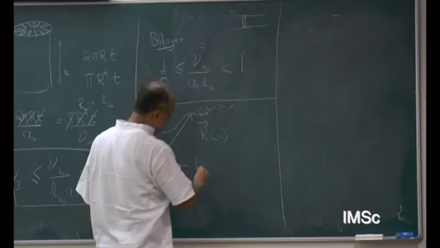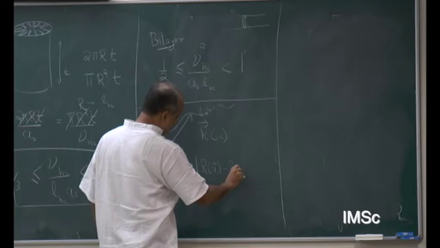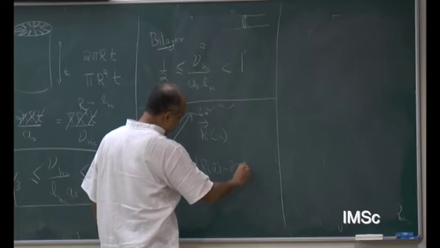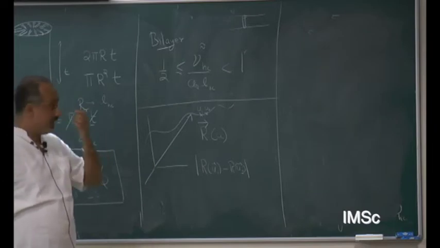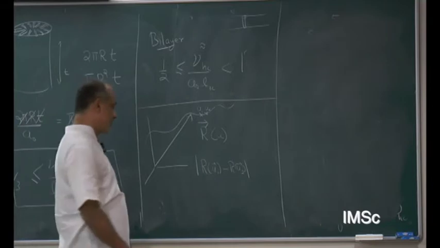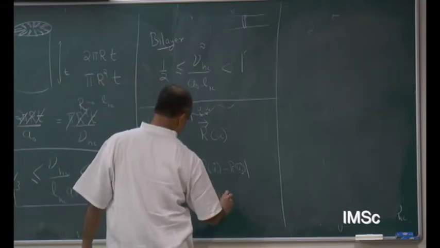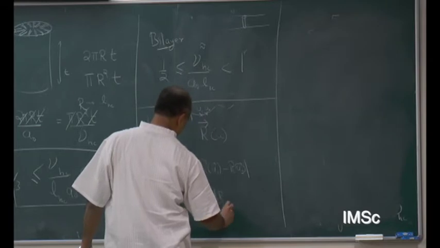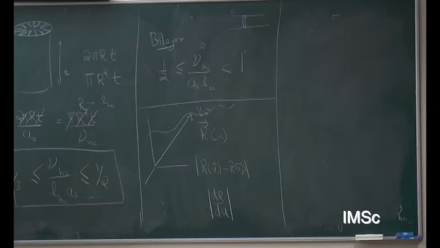That physical distance is mod of r of u1 minus r of u2. It's mod because it is actually a distance. As I make this come very close to this, this particular distance then becomes mod of dr by du times the factor of du.